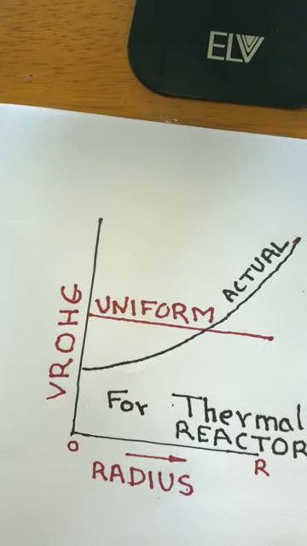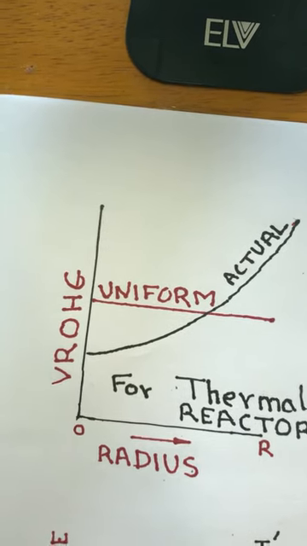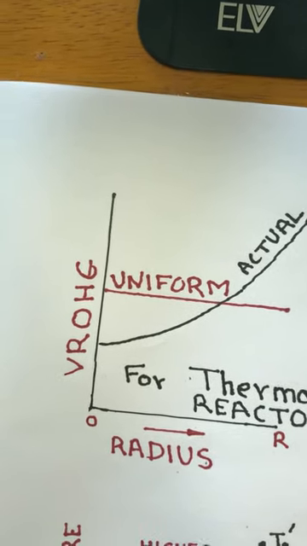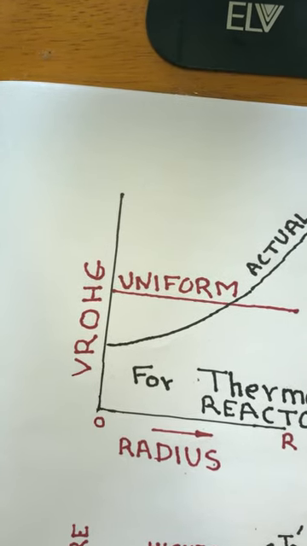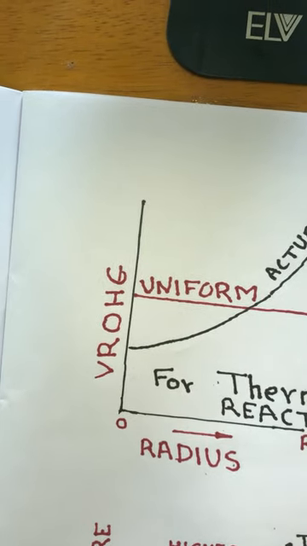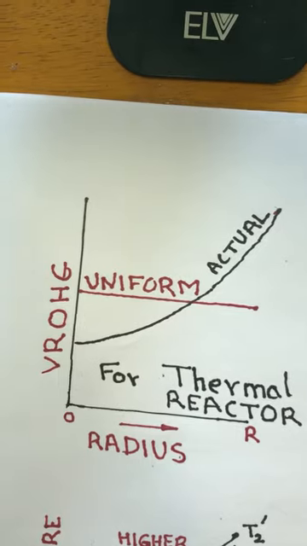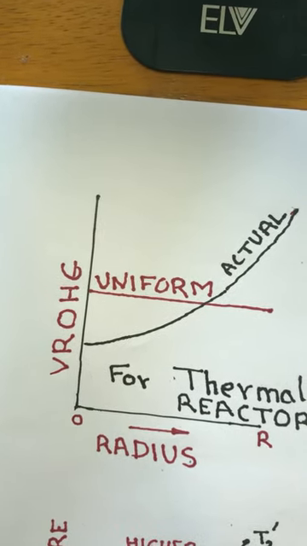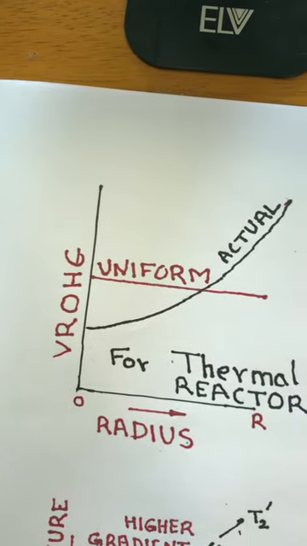So naturally, the heat flow from the surface of an assumed cylinder of radius R will be much more in case of uniform heat generation. But as we move along, the actual VROHG becomes higher than the uniform VROHG.